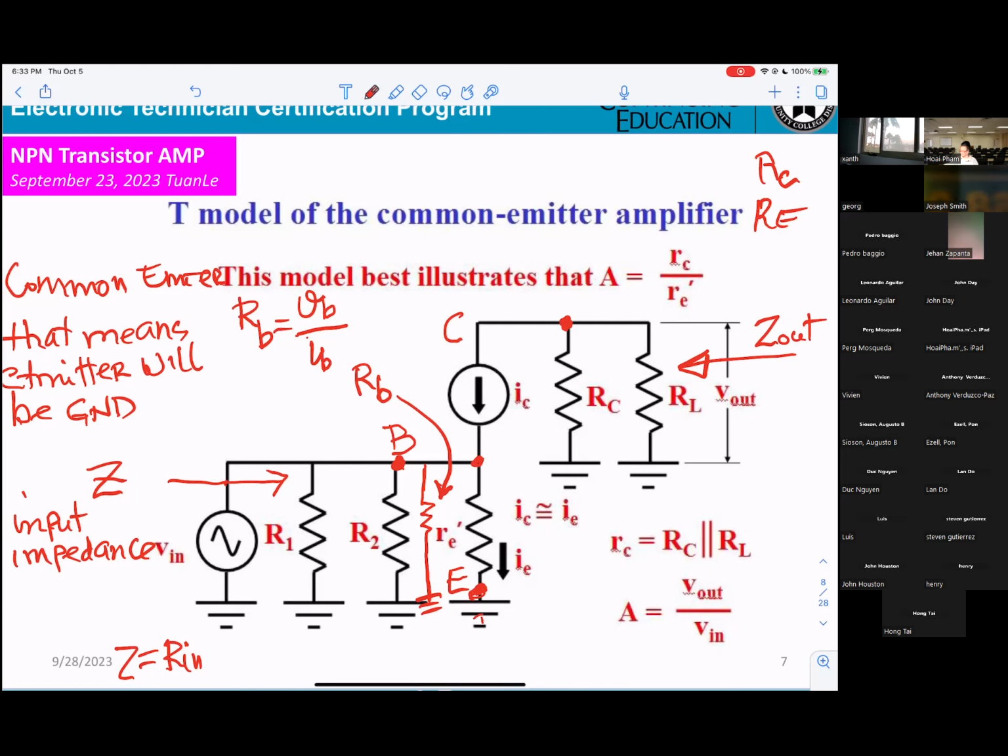RC in parallel with RL. We're talking about output impedance. So from the output looking into the amplifier, I can see RC parallel with RL. That's it. So that's why they give it to you right here. RC means Z out.